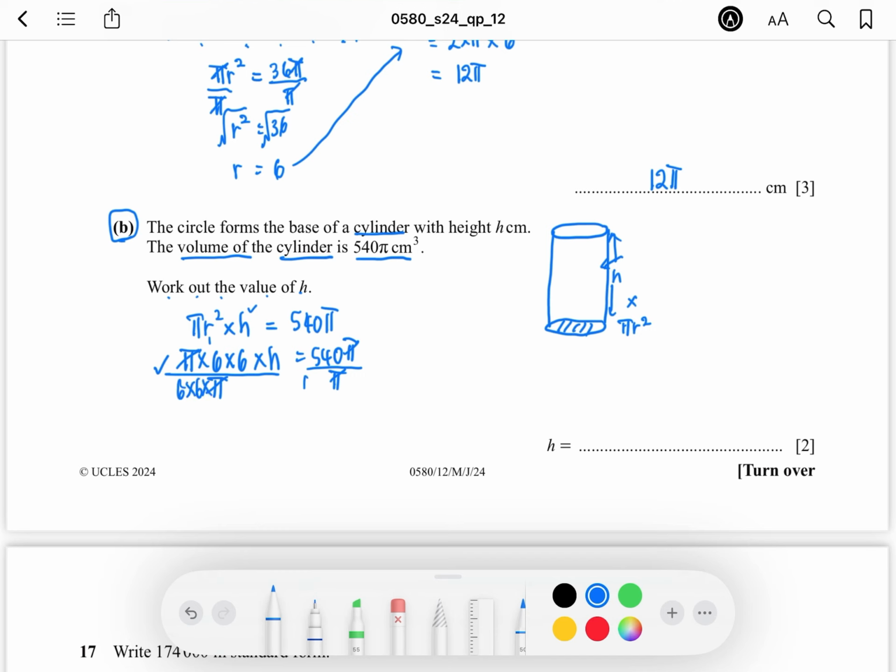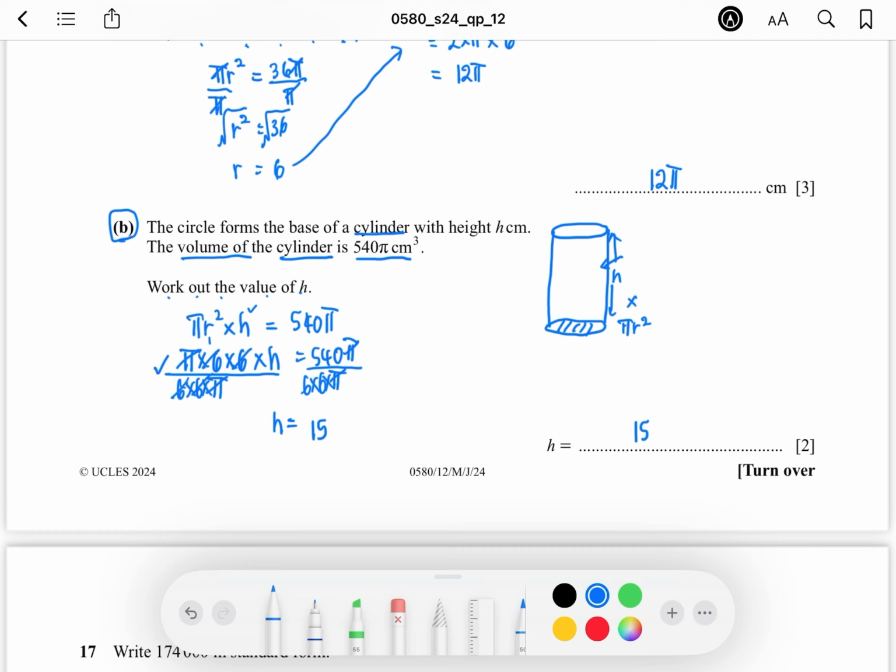Okay, so 540 divided by 36, use your calculator and you should get 15. So that's it, h is 15.